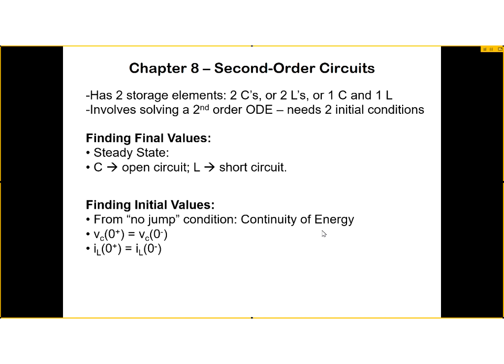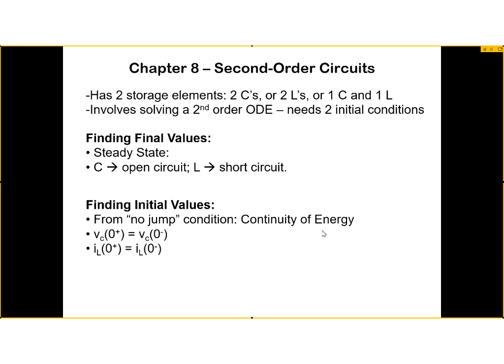The challenging part is, in addition to finding initial conditions, and we actually know how to do this from chapter 7, because in your general first order solution, you have v of a capacitor equals V infinity plus V naught minus V infinity e to the minus t over tau. We know how to find V naught on our own, same thing for I naught of an inductor.